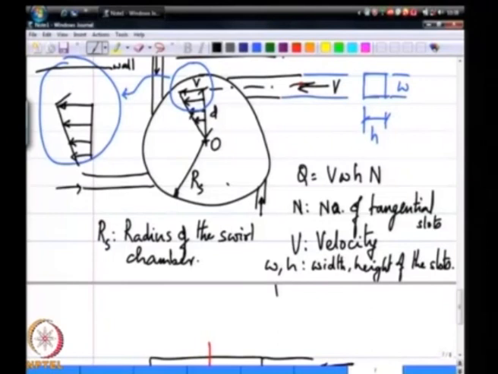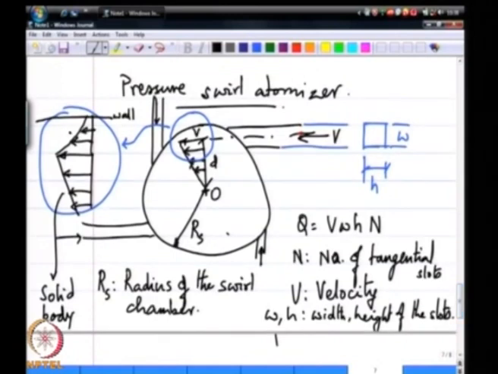So, this part of the velocity profile is going to look like a potential swirl. So, you have two parts: you have this solid body rotation on the inside and a potential swirl kind of flow on the outside.